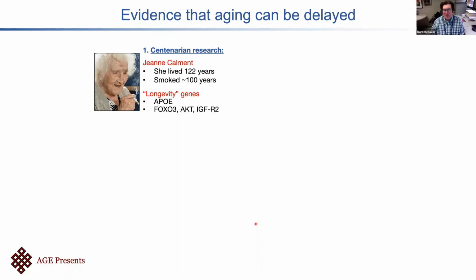One example is Jeanne Calment, a French woman who lived to be nearly 122 years of age. Interestingly, she was doing a number of things that would not be thought of as promoting a long life, including smoking for over 100 years of her life. But in these centenarians, a number of people have found particular SNPs or other genetic alterations that seemingly correlate with this ability to have exceptional longevity in humans.